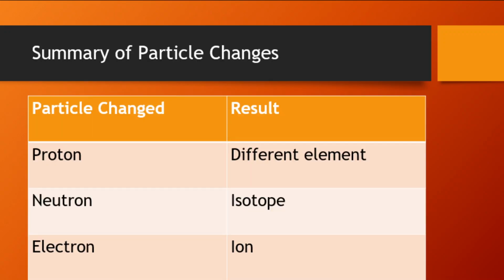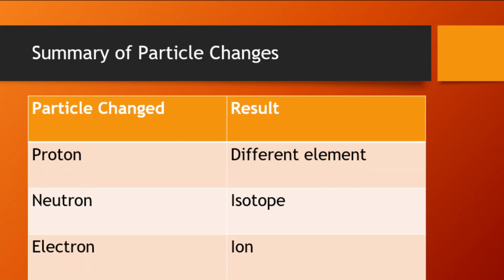Now, here is a summary of all of the particle changes we have been looking at as we've been learning about the atomic structure, isotopes, ions, and atoms, okay? And so just a quick summary here. If you change the number of protons that an atom has, you are going to change the identity of the element.